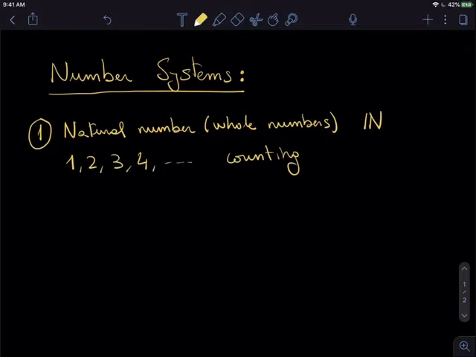Okay, so with natural numbers, we can keep track of things, but eventually, for example, if we are keeping track of money and we start spending money, we will want to also subtract. We will not always add. We will sometimes subtract, and we may run into debt. So when that happens, we run into integer numbers.